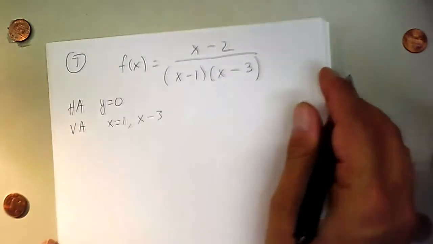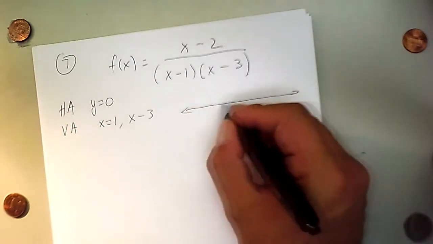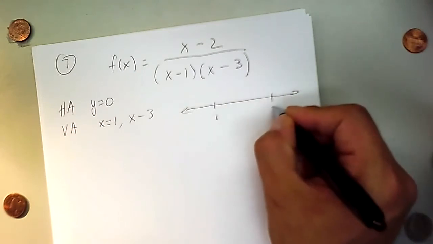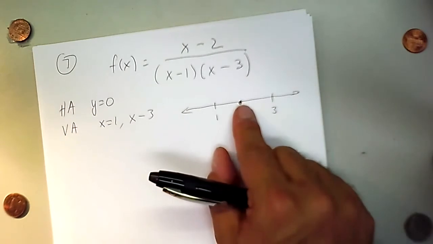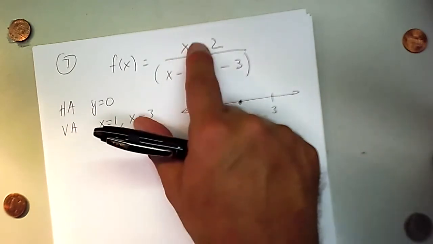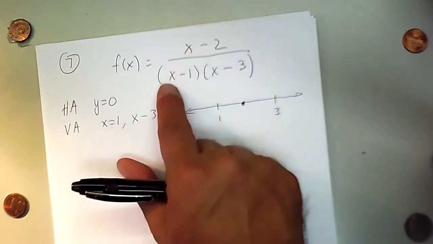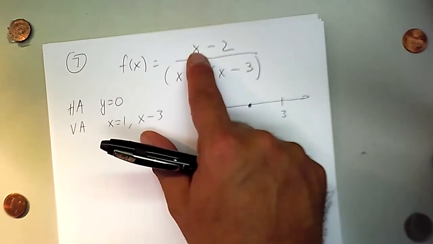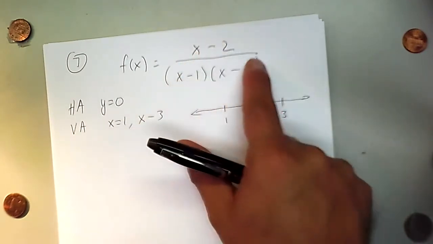I'm going to do a quick chart of signs. Okay, so we're going to have 1 and 3. And in the middle, we're going to have the x-intercept. The x-intercept is when the numerator is 0 and the denominator is not 0. All of the x's are positive. That means that if you plug in a big number such as 10, that's going to be 8, 9, 7.